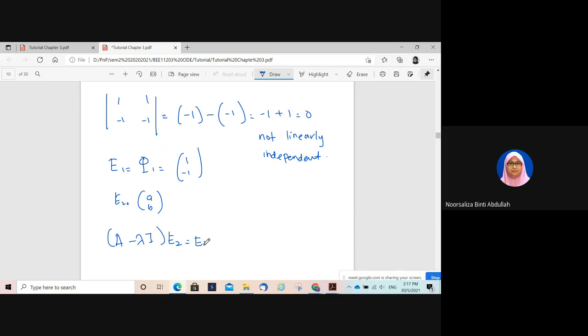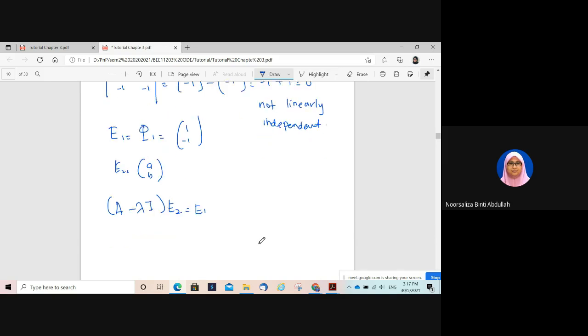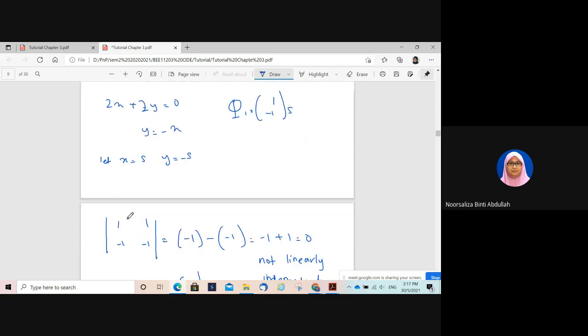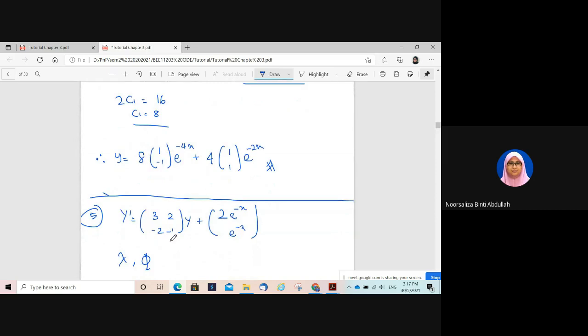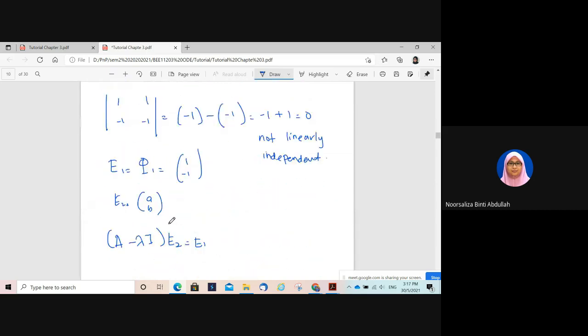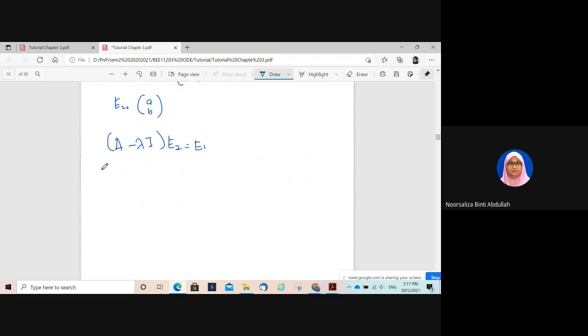Okay, so what is your A? This one is your A: 3, 2, minus 2, minus 1, times lambda.